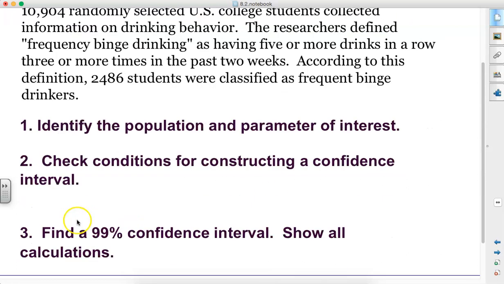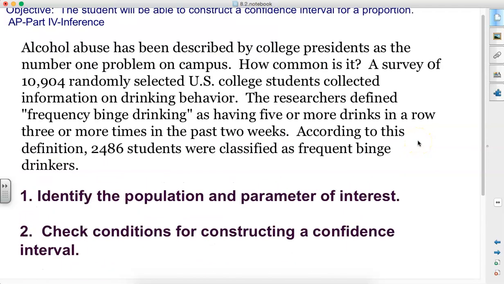Okay, so first, let's identify the population and the parameter of interest. Our population is U.S. college students, right? The idea is to figure out how common it is for U.S. college students to be drinking. So our population is U.S. college students, not college-age people, but people that are actually students in college.